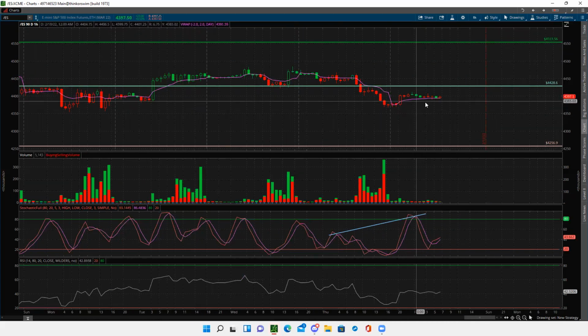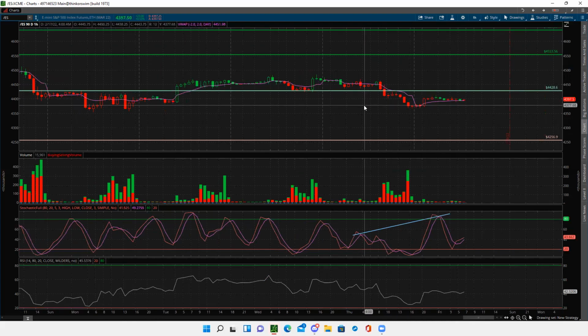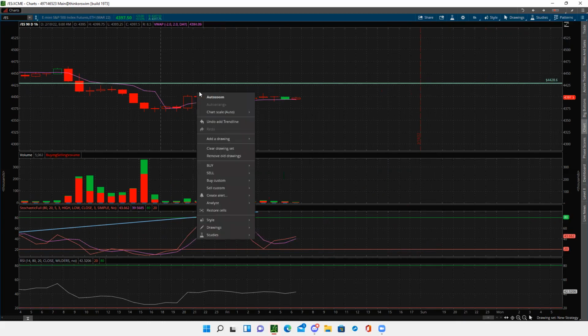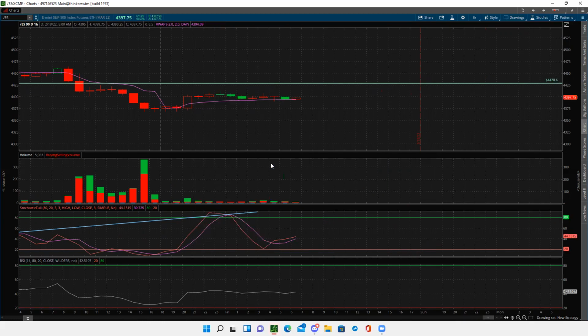So we've got small candles right here. I'm hoping that doesn't break out until after market open. What we're going to do right here is draw a box consolidation. This is going to help us with our entry, and it's going to help us with patience.